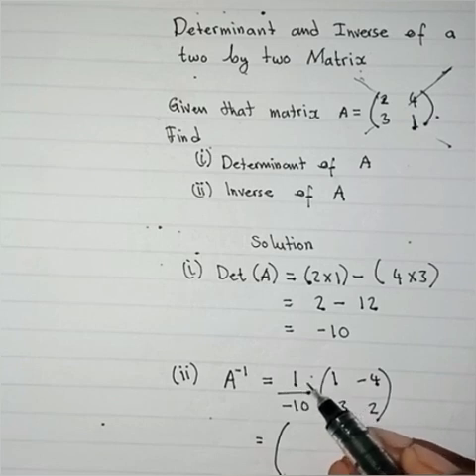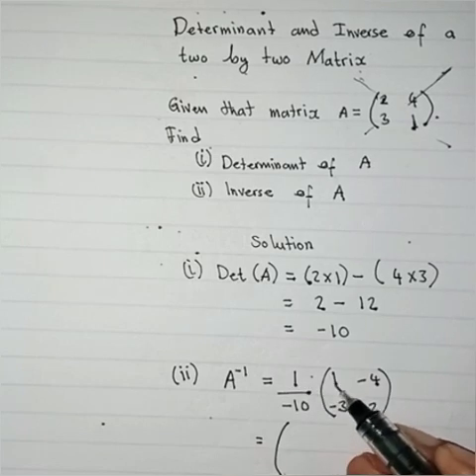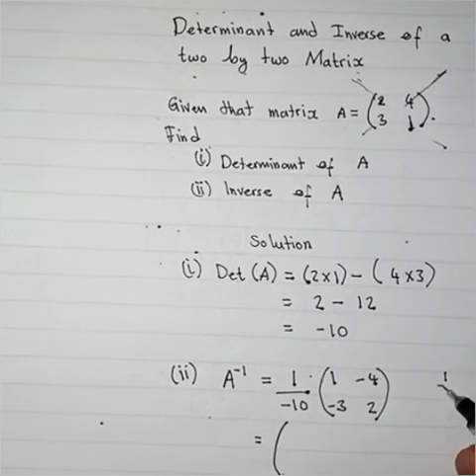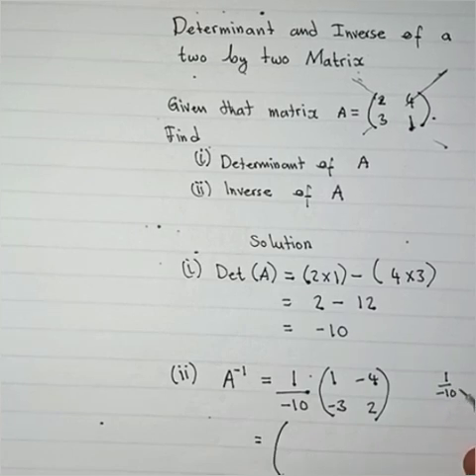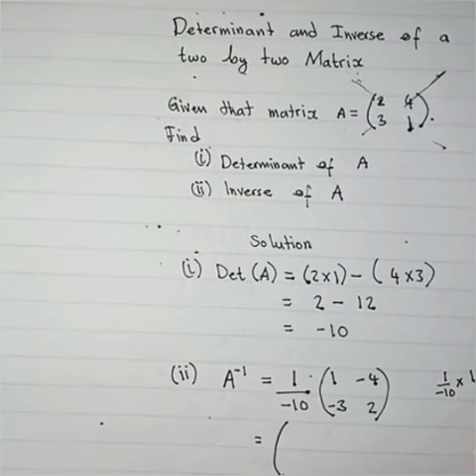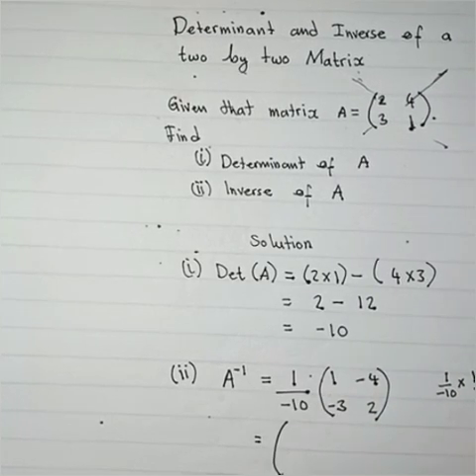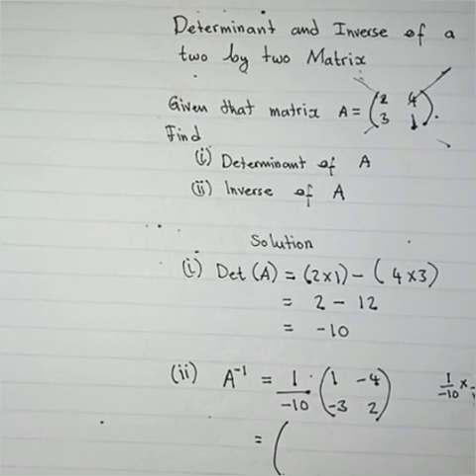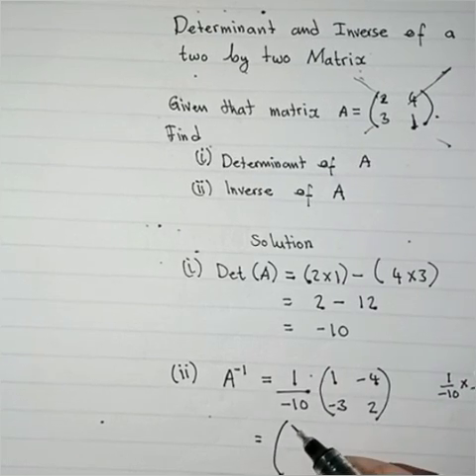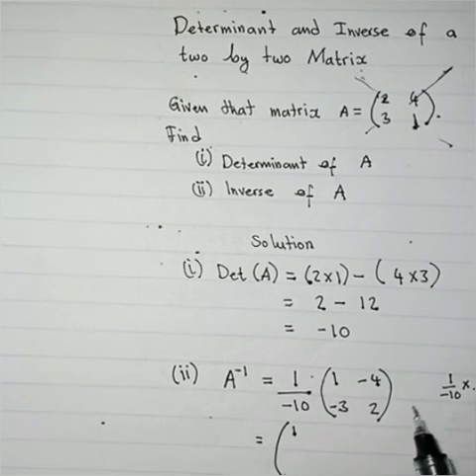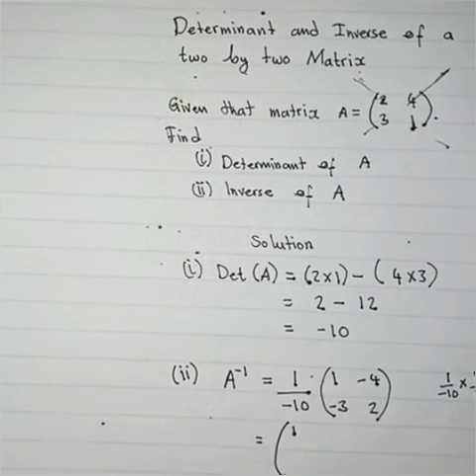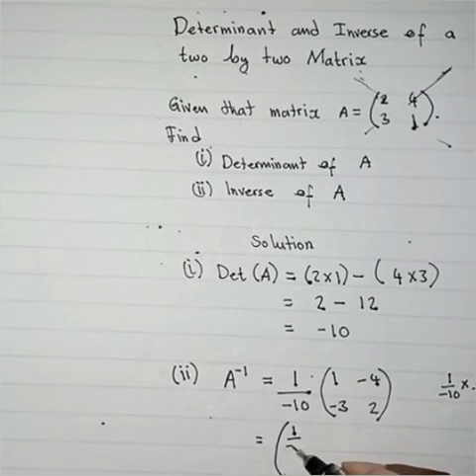1 over -10 times 1. The 1 is not a fraction, so we can write it over 1. Multiplying this, 1 times 1, we obtain 1. Then -10 times 1, we get -10.